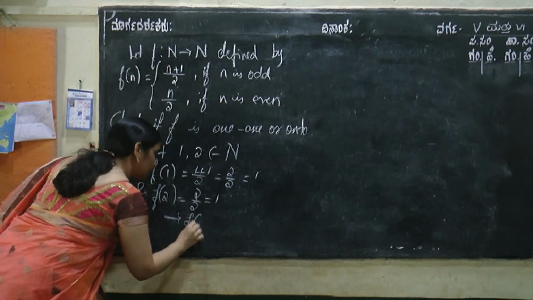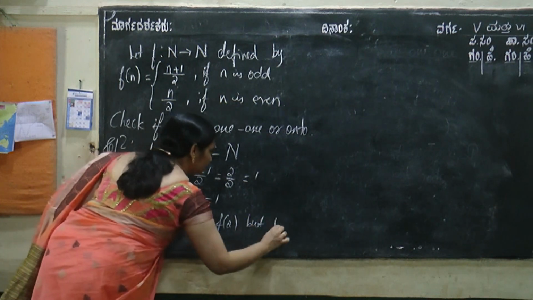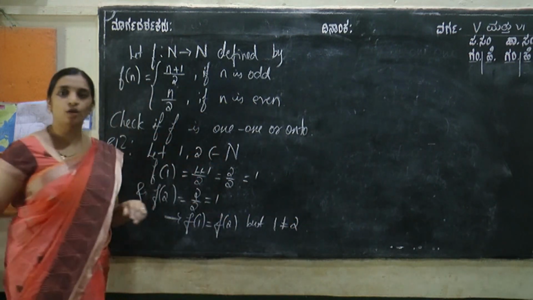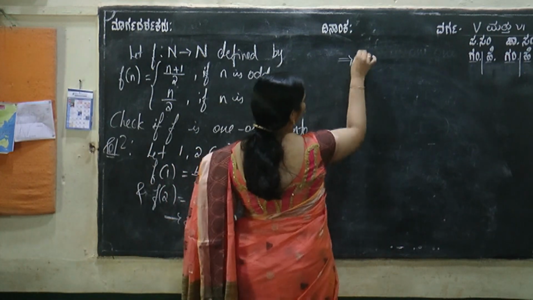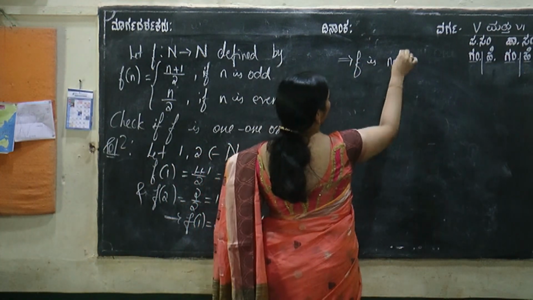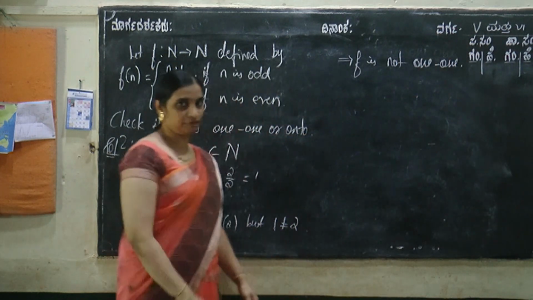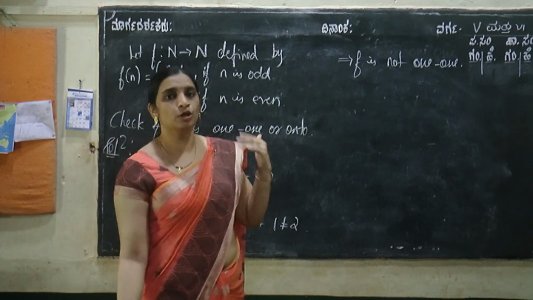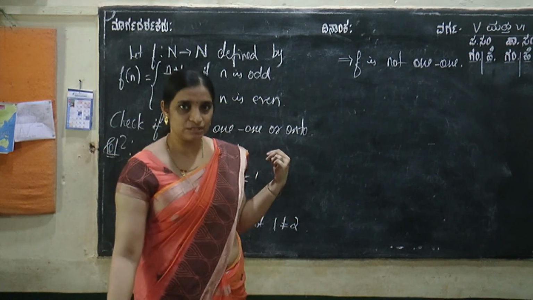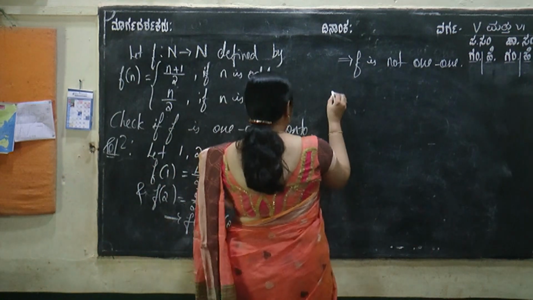This implies f of 1 equal to f of 2, but 1 not equal to 2. This implies f is not one-one. Already we have discussed, if the condition is not satisfied for even one or two elements, then also the function is not one-one.